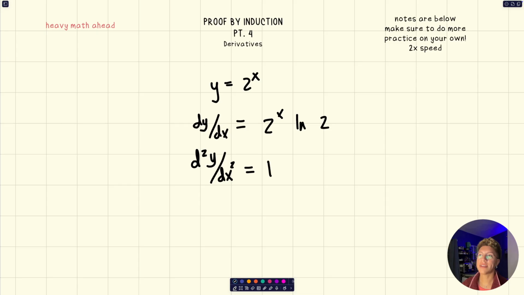So we put our ln 2 out front like that, and then we take the derivative of 2 to the x, and you might see where this is going. So the derivative of 2 to the x is, once again, 2 to the x times ln 2. So we see that the second derivative is ln 2 squared times 2 to the x.